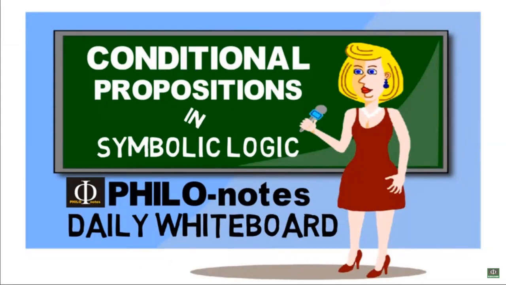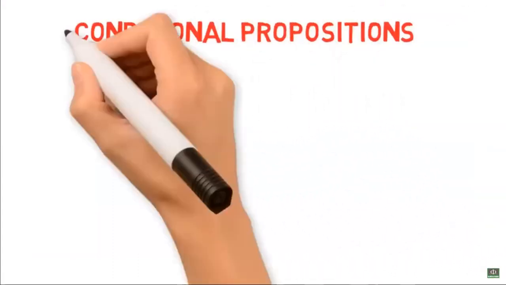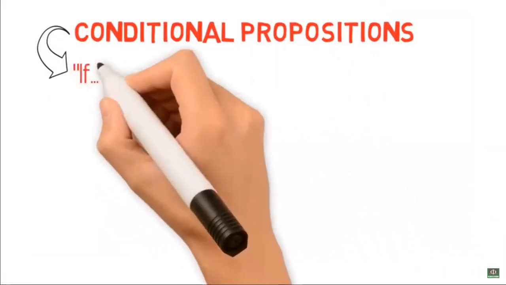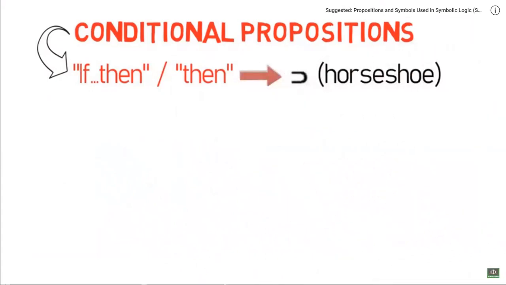So, to begin with, conditional propositions are compound propositions connected by the words if then or just then. And as we learned in the previous discussion titled Propositions and Symbols Used in Symbolic Logic, the symbol for if then is horseshoe.